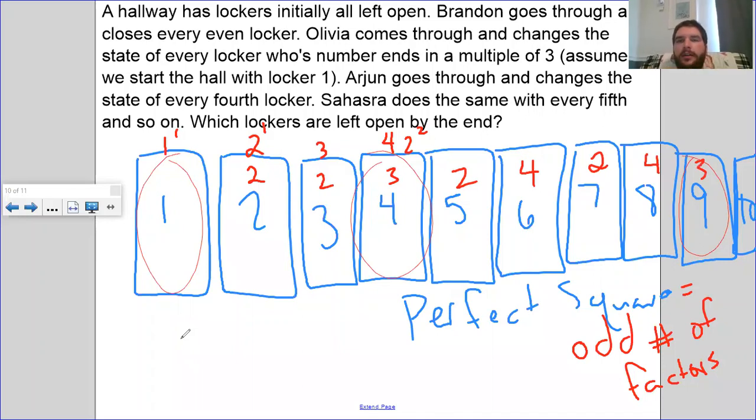No matter how we do it, perfect squares have even powers, and when you add 1 to each of those exponents and multiply, you'll always end up with an odd number.